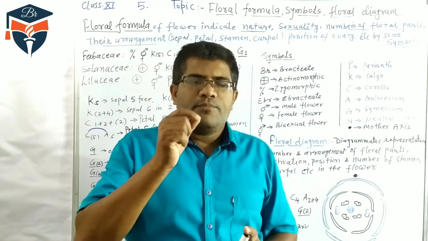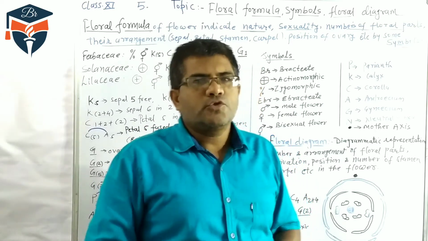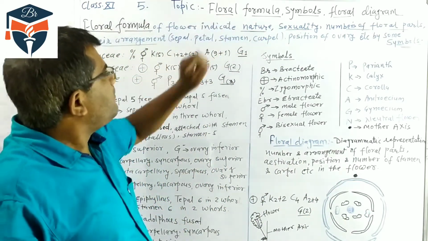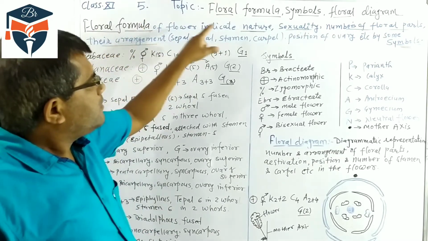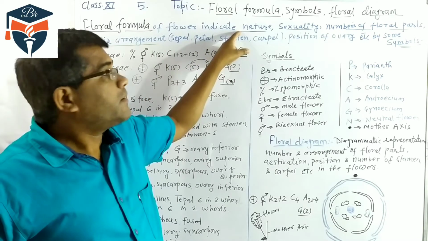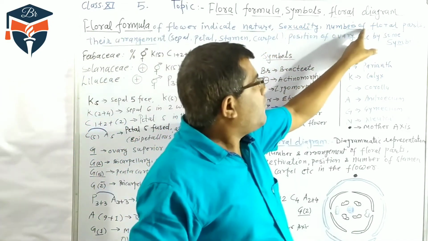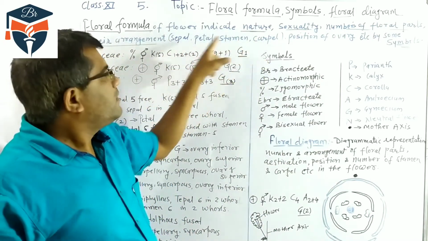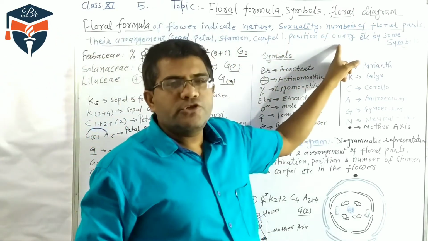Then the gynoecium part we have discussed, and the number of carpels we have discussed. So if we represent the floral parts with the help of a formula, it indicates whether the flower is actinomorphic or zygomorphic, bisexual or unisexual, how many parts of sepal, petal, stamen, carpel are present and what their arrangement is, as well as the position of the ovary.